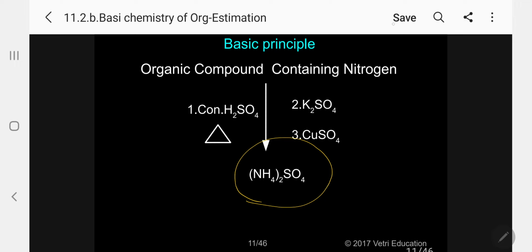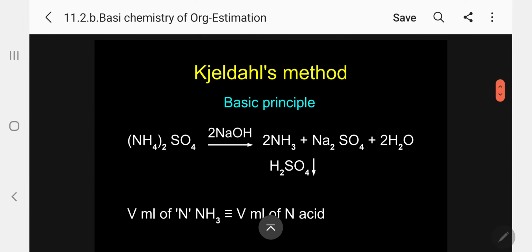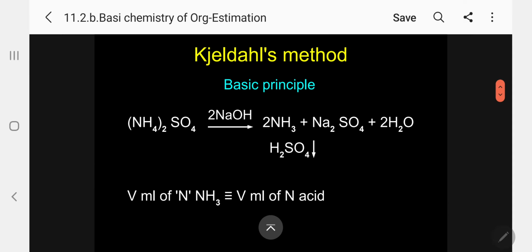The flask is connected to the condenser, and through the condenser we have a conical flask or beaker containing a known quantity of acid of known strength.